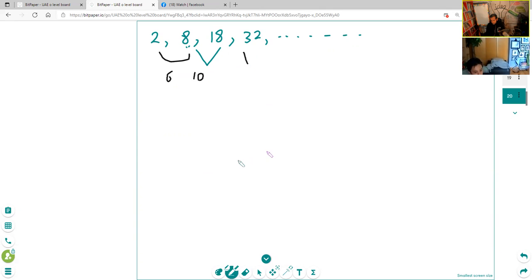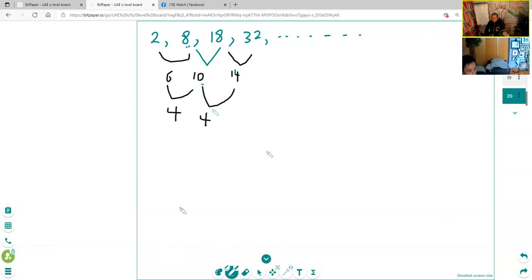It is 14. This is a quadratic sequence because the second differences are the same. First differences are not the same, but second differences are the same.